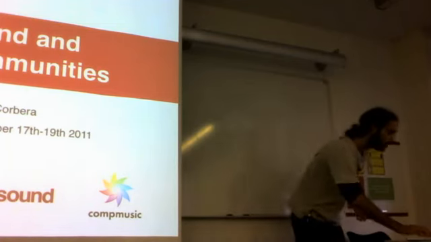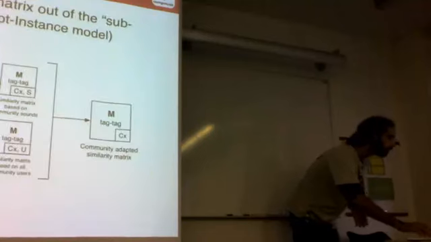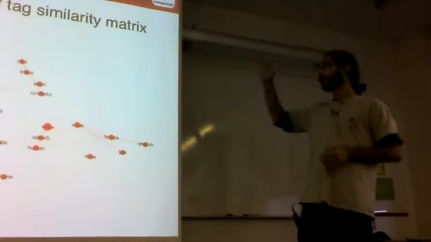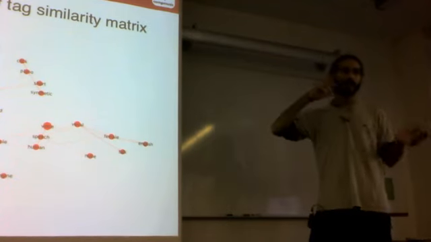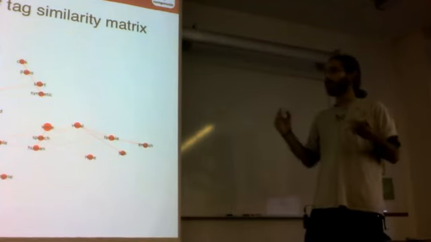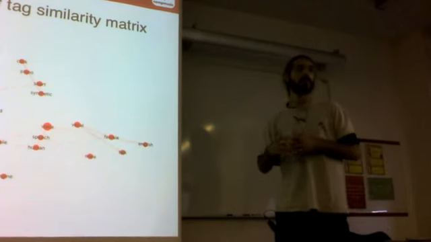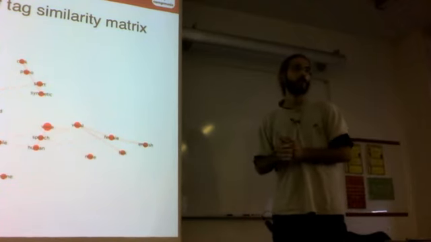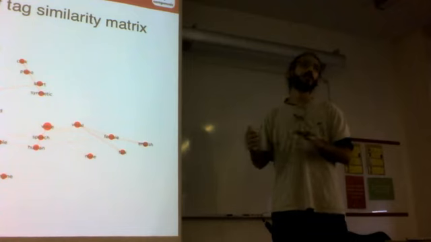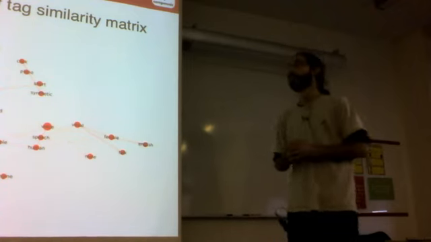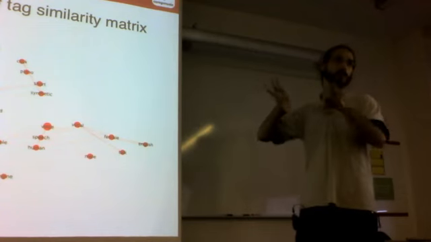Actually, what Peter Mika says about this actor concept instance model is that it's a way to derive ontologies, well, lightweight ontologies, so not very strong ontologies, from folksonomies. So he says it's a way to somehow structure the tags.